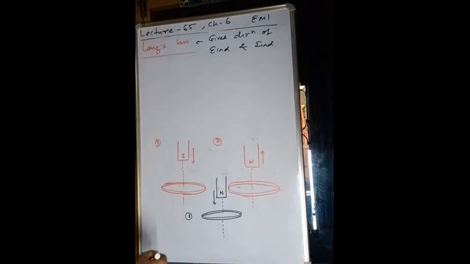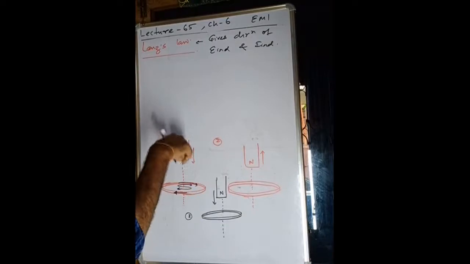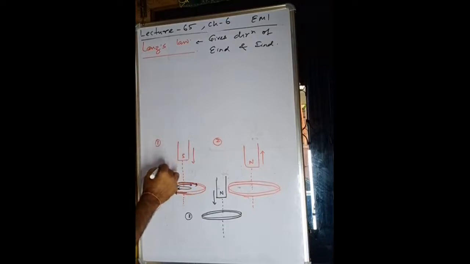Of course, to oppose the south pole, a south pole will appear in it. So the current will flow in this direction, and this is clockwise from above. If the observer is above, then the current will be clockwise.